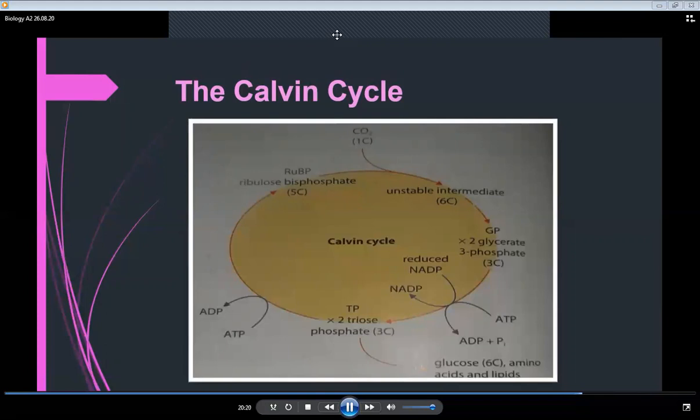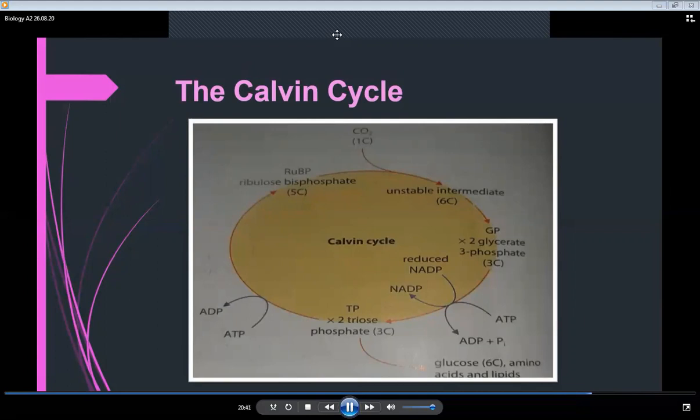Some of it becomes sucrose, and sucrose is going to be transported for translocation around the plant body, or cellulose for making the cell wall. And obviously glucose is also there.